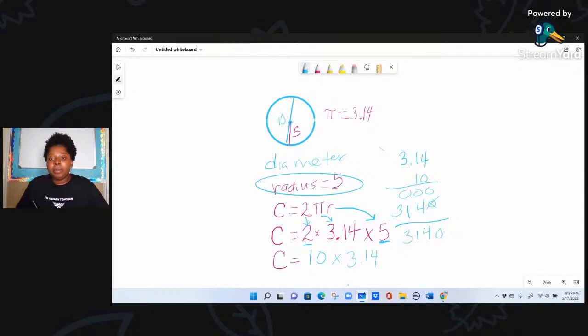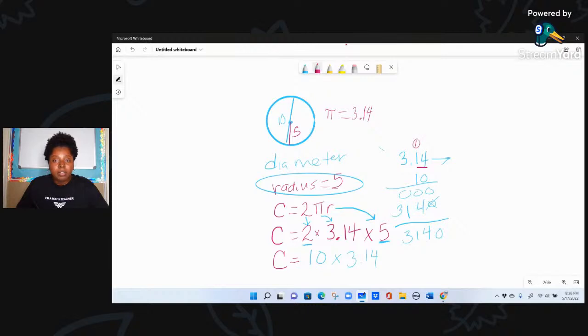And you get 3140. Now, how many numbers are after the decimal here? Let's count. So here's the decimal. How many numbers did I underline? Count the numbers, right?